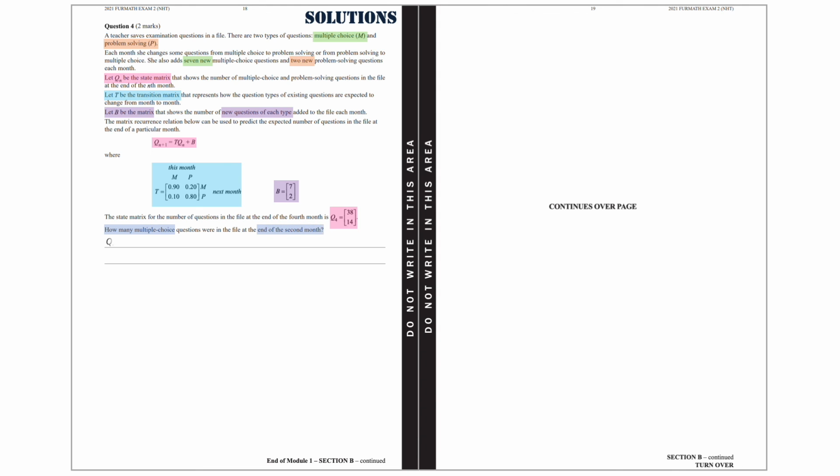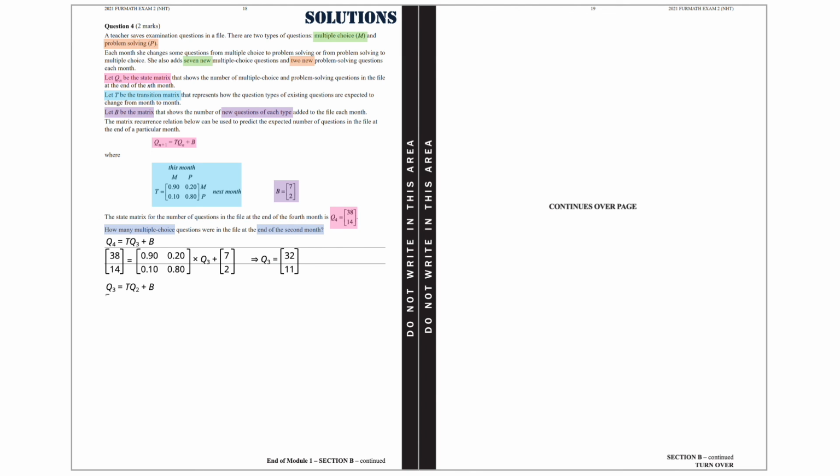Let's start with Q4 equals TQ3 plus B. We are going to substitute the matrices that we know. And from this matrix equation, we work out that Q3 equals the column matrix 32, 11.